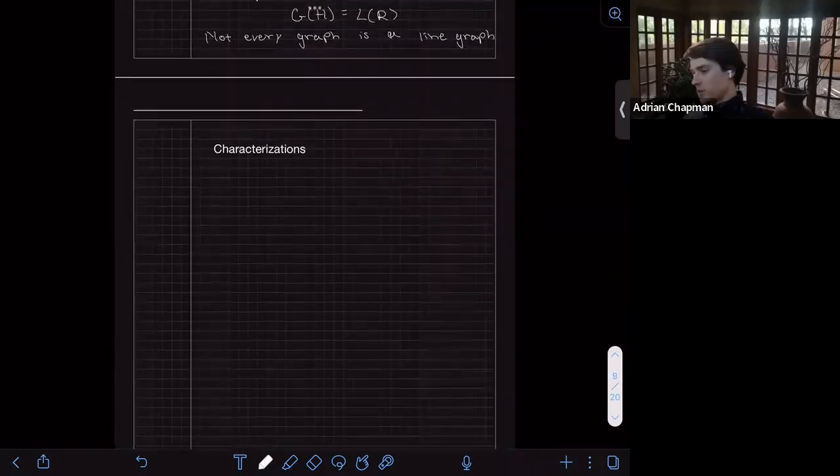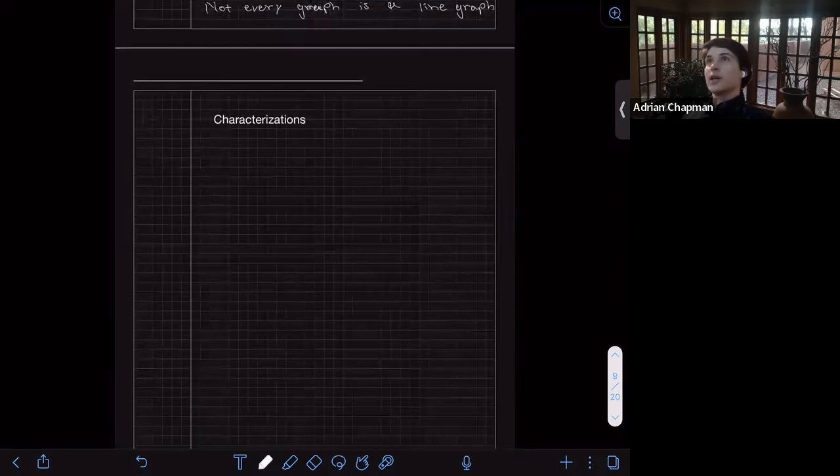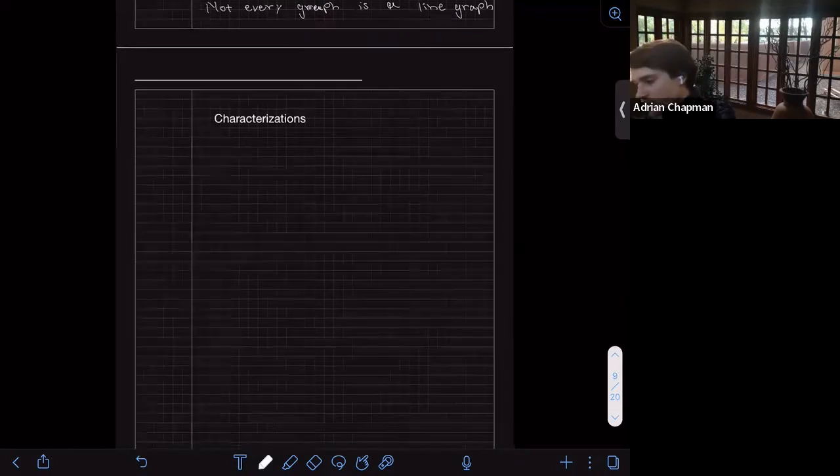So I want to go a little bit more into the graph theory and talk about some characterizations of line graphs. The first characterization, which for our purposes is probably the easiest to see, is from a 1943 paper by an author called Krausz.